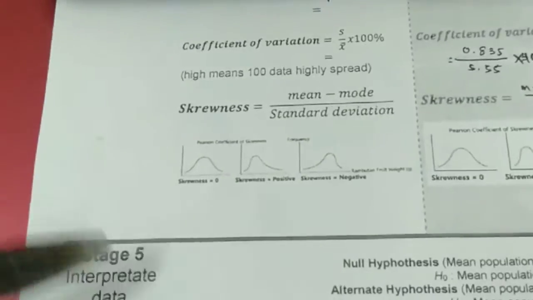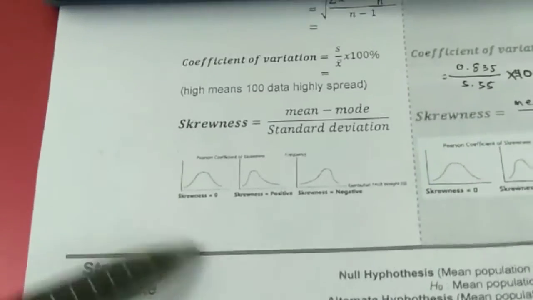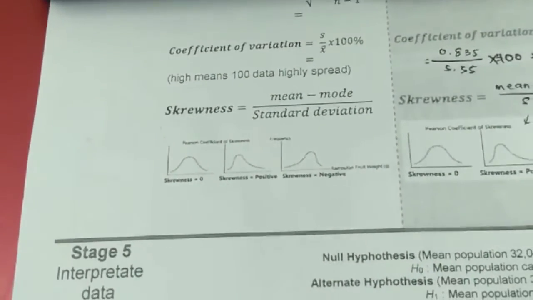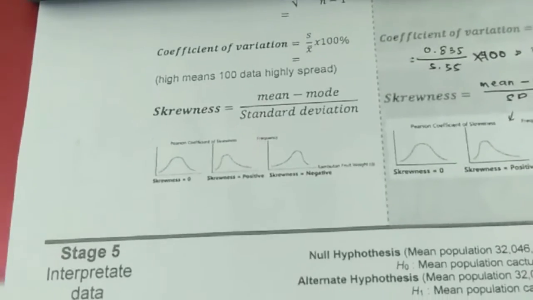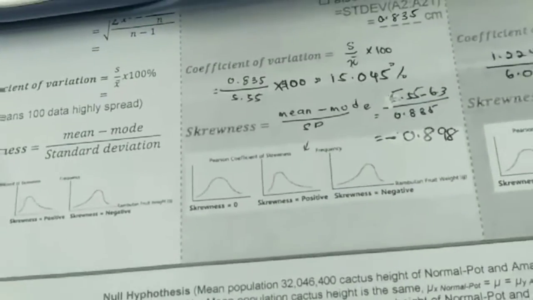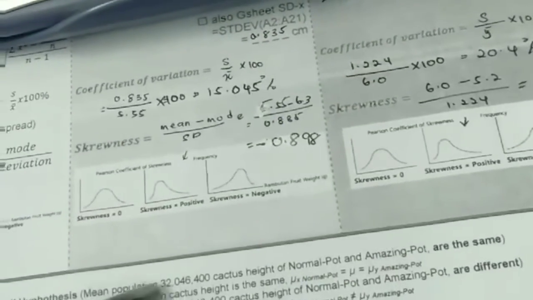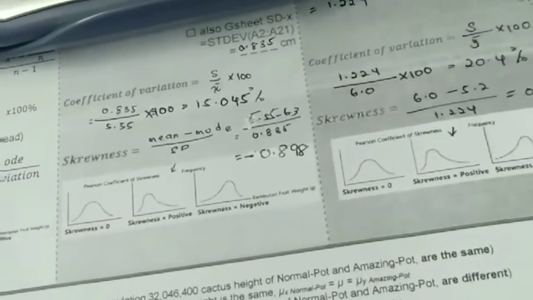This is stage 5, the last stage, interpret data. Inferential statistics stage 5: conclusion about the 32,400 population data using 20 sample data. They have null hypothesis and also alternative hypothesis. The null hypothesis: the mean population height of cactus of normal pot and amazing pot are the same.